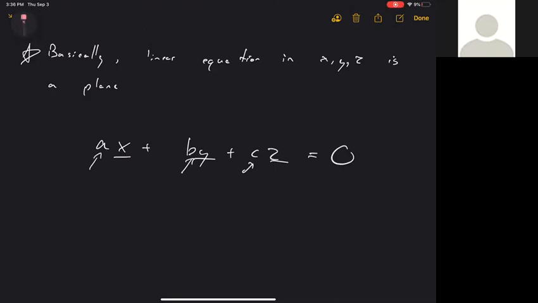Maybe some of those constants are 0. If b is 0, for instance, then that whole term is going to disappear, but even if it's not written, we can imagine it's there as 0 times y. So this is still the equation of a plane. We're multiplying y times a constant.